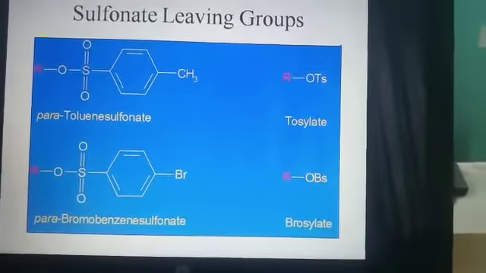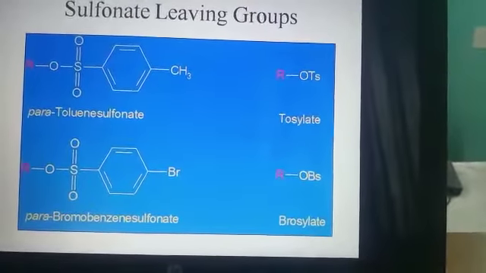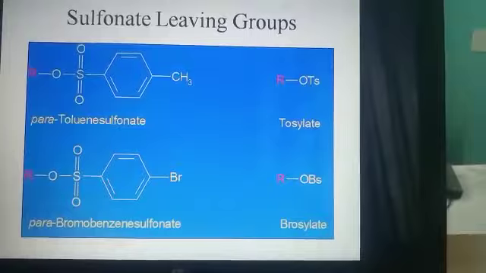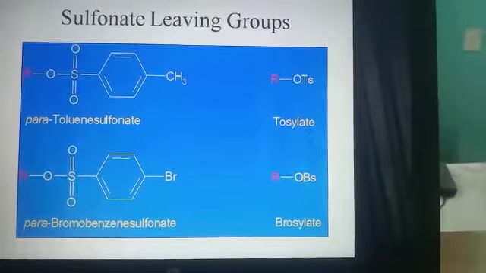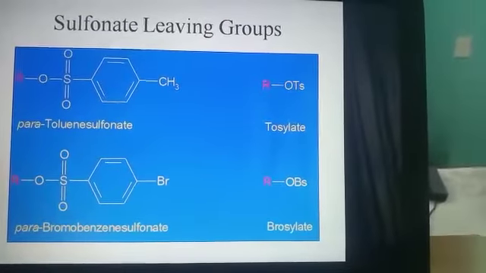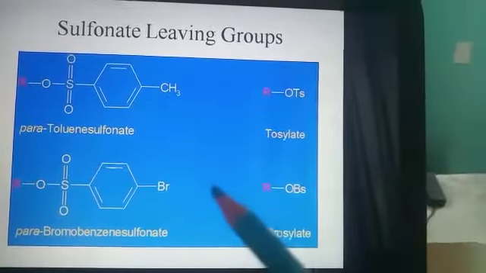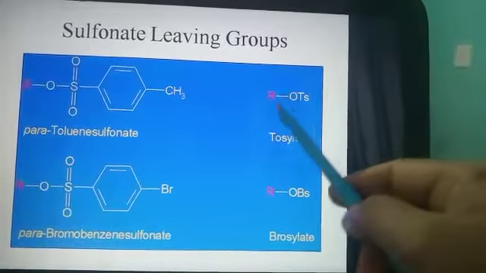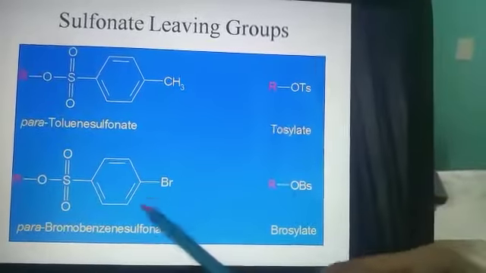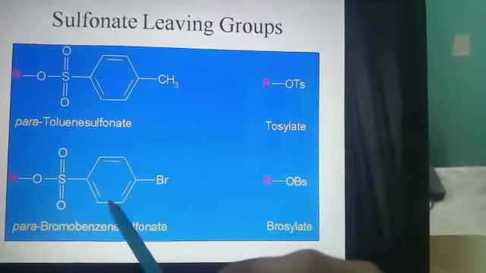Now we know that OH- is the worst leaving group. So in the case of alcohols, we can transform the worst leaving group into a good leaving group by treating the alcohol with para-toluene sulfonyl chloride or para-bromobenzene sulfonyl chloride and transforming them into esters, that is para-toluene sulfonate, in short, as usual we can write it OTs, the tosylate ester, or in this case para-bromobenzene sulfonyl chloride we can transform into the ester.